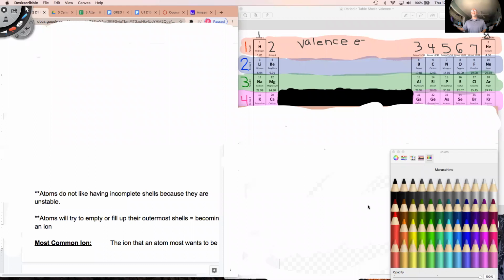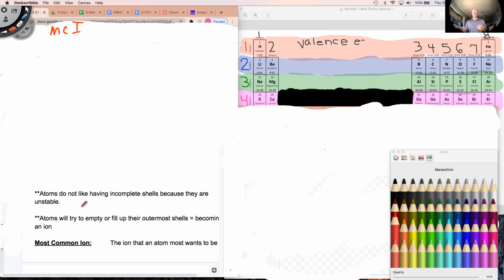So now remember that the whole point of our lecture today was going to be about something called MCIs. Those MCIs are called most common ions. Now the idea behind this is to say each atom will lose or gain electrons. So are things going to gain or lose electrons? Well, the idea is that atoms do not like having an incomplete shell. What does that mean?